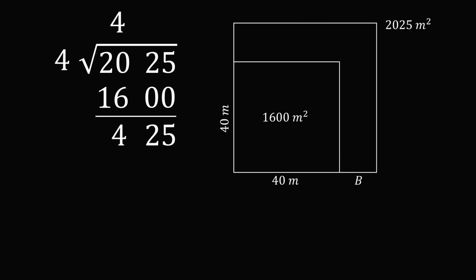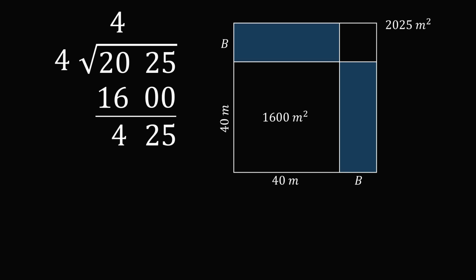So let's say the remaining length is equal to b. One rectangle will have an area that's equal to 40b, as will this rectangle, and the remaining rectangle will be a square, which has an area of b squared. So the amount that remains is 80b plus b squared. We can factor a b to get b times 80 plus b.